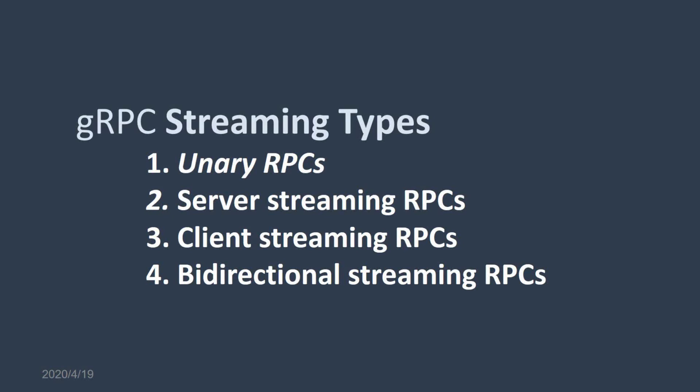The fourth one is bidirectional streaming. In a bidirectional streaming remote procedure call, the client and server can send a sequence of messages in the form of reads and writes. The two streams operate independently, which means the client and server operate independently. The client will send data in order, like when you do chatting.